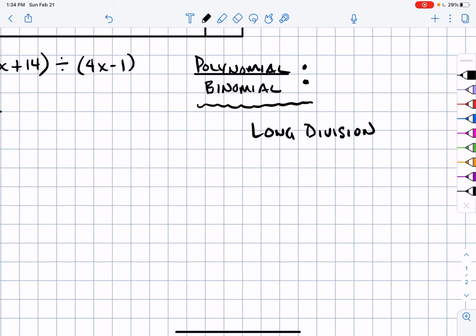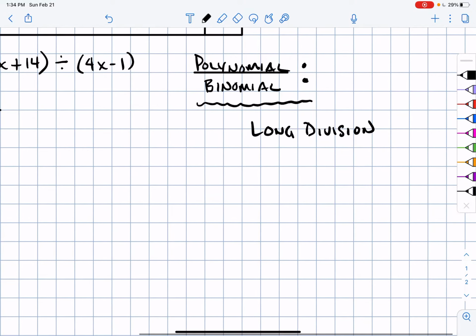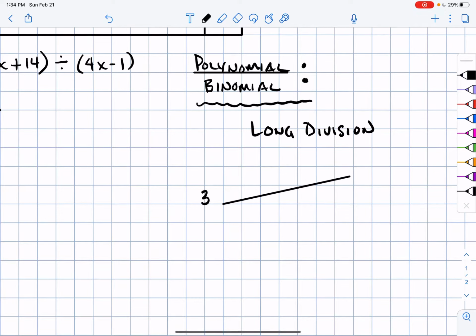So like, let's say for example, I was dividing, I don't know, 3,620 divided by 5.